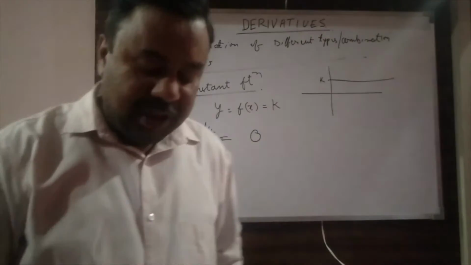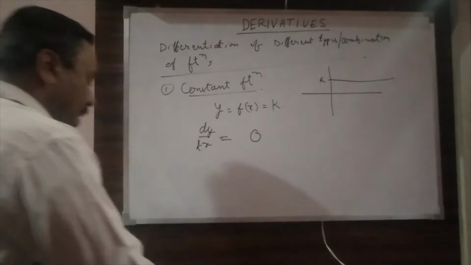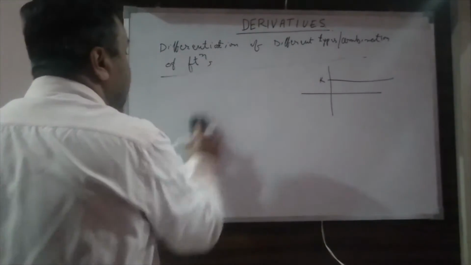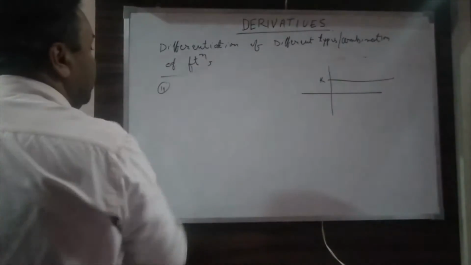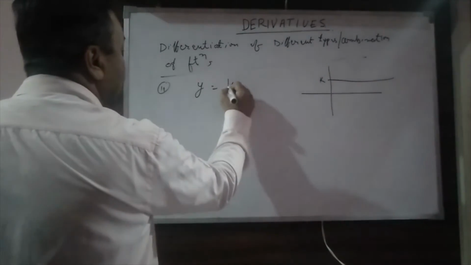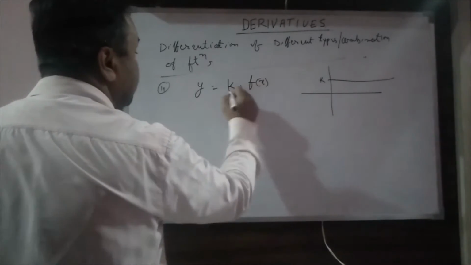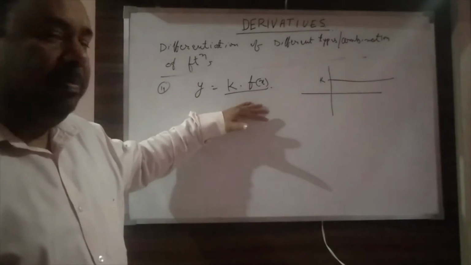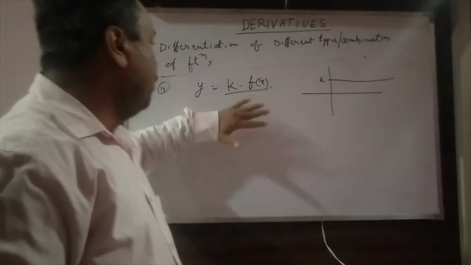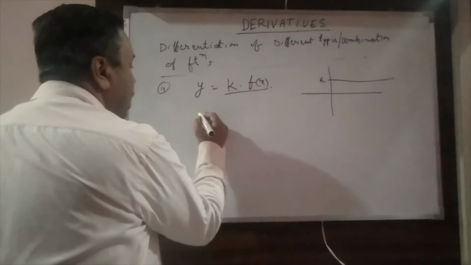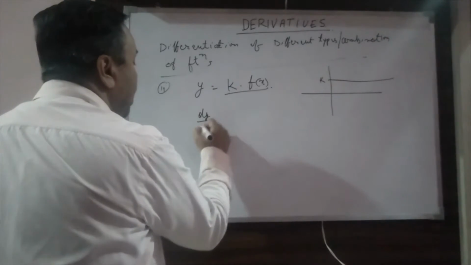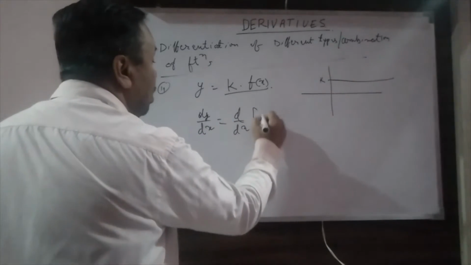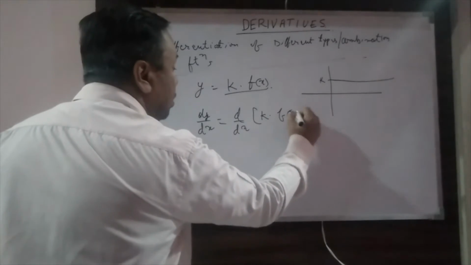Now similarly, if I take a constant multiplied by a function, like y equal to k multiplied by f(x), then dy by dx will be equal to d by dx of k into f(x).